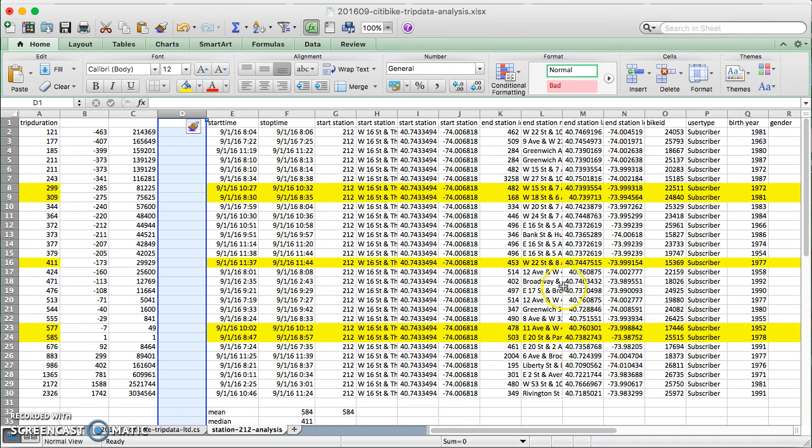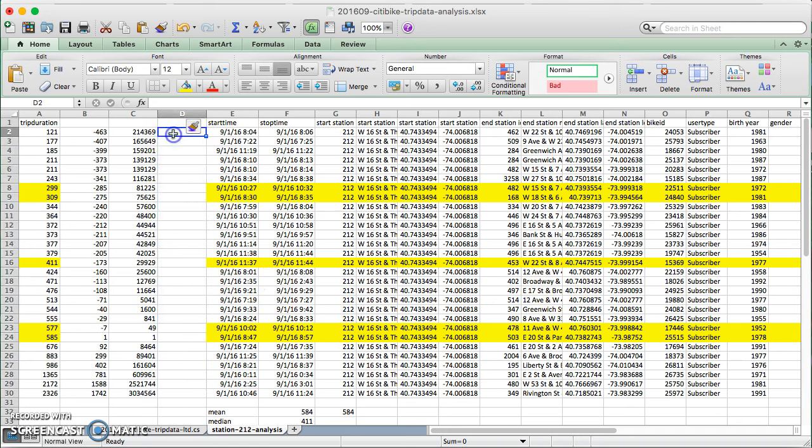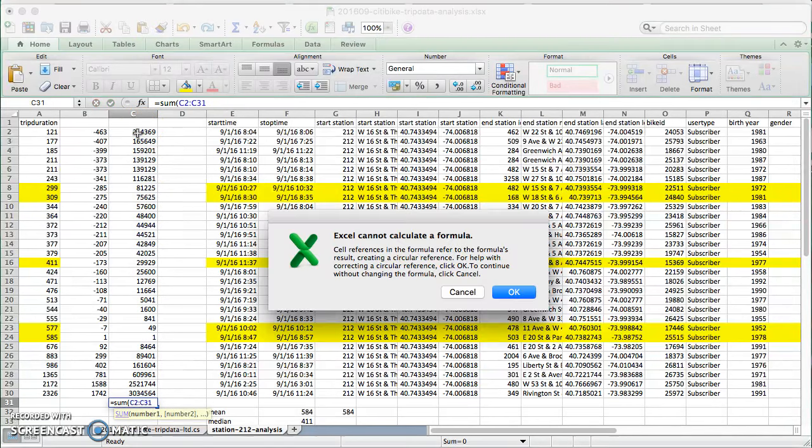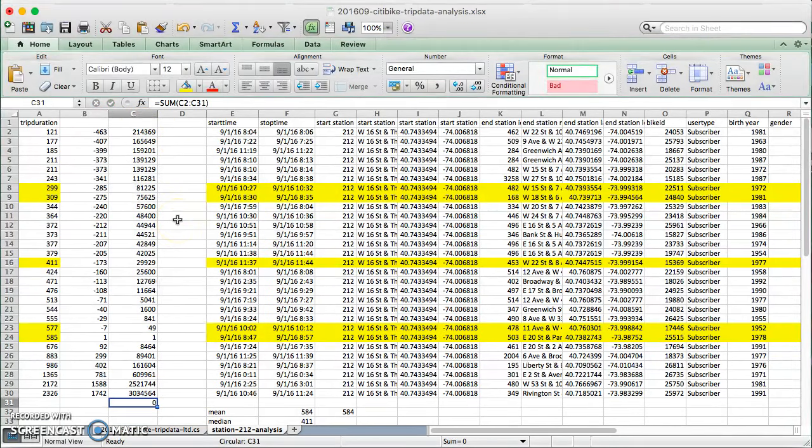It's much easier if we step through these things methodically. So I'm going to take the average, which of course is itself the mean. So I'm going to say equals sum of all of these. Yeah, okay. It doesn't like it when I don't put the equals sum of these.